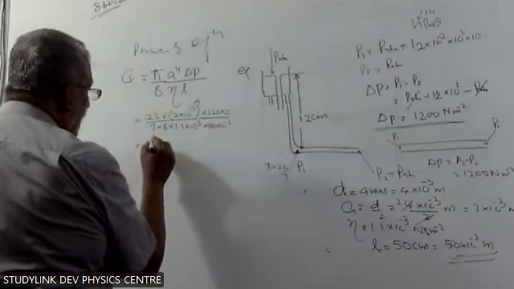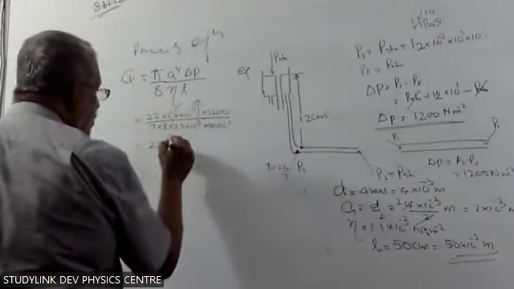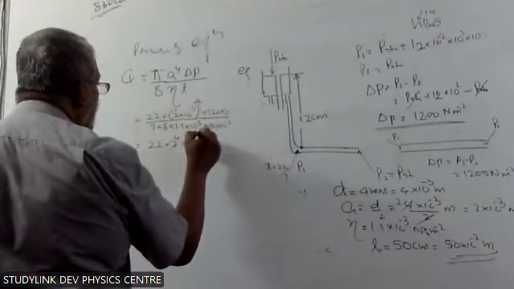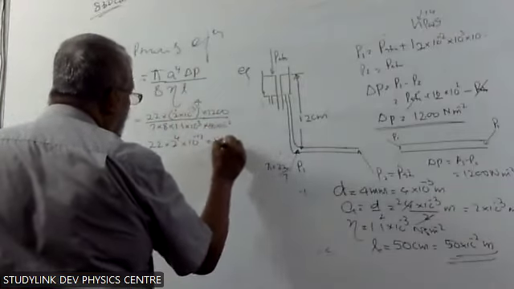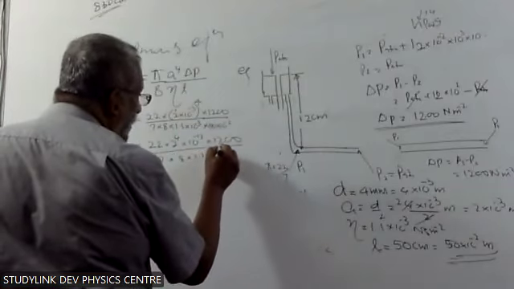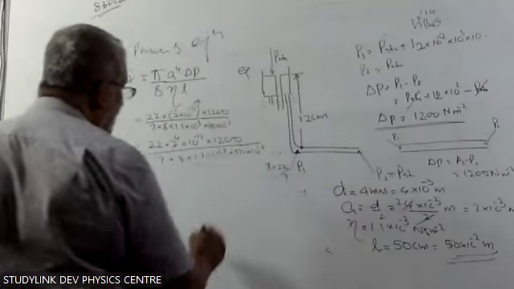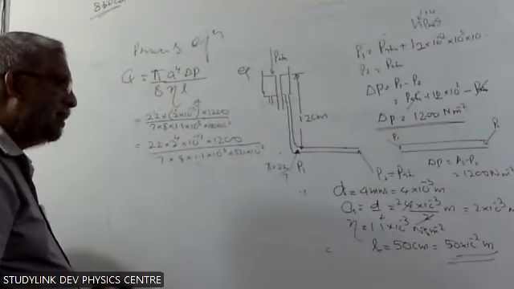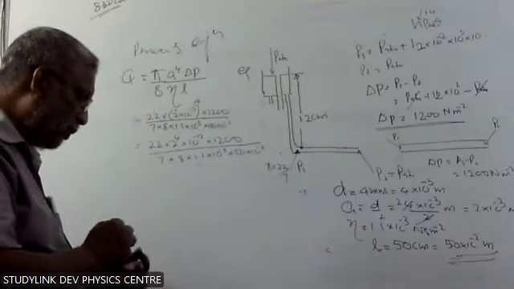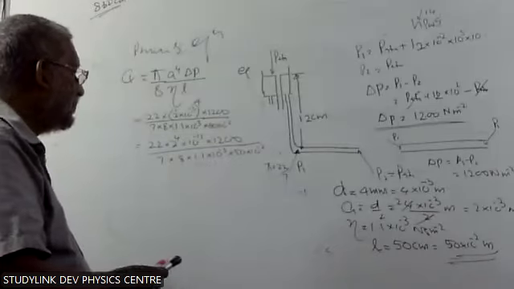Then you have to simplify. I'll do it halfway: 22, then 2 to the power 4, 10 to the power minus 3 into 4, 12, 1200 divided by 7 into 8 into 1.1 into 10^-3 into 50 into 10^-2. 2 to the power 4 you have to obtain. 2 to the power 4 means you have to multiply 2 four times. 2 into 2 is 4, 4 into 2 is 8, 8 into 2 is 16.